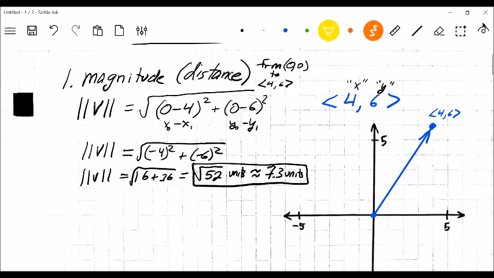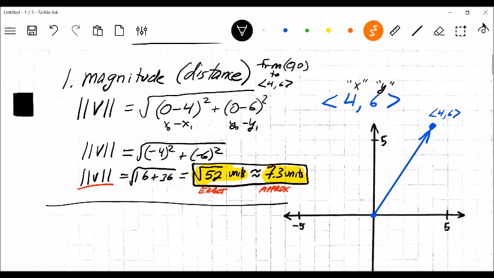Actually, both of them are acceptable as the answer. Okay, square root of 52 and 7.3. So 7.3 is more practical in one sense, but square root of 52 is exact. And that's the way to think of this. That this is the exact answer, and this is the approximate answer, and these are for the magnitude.